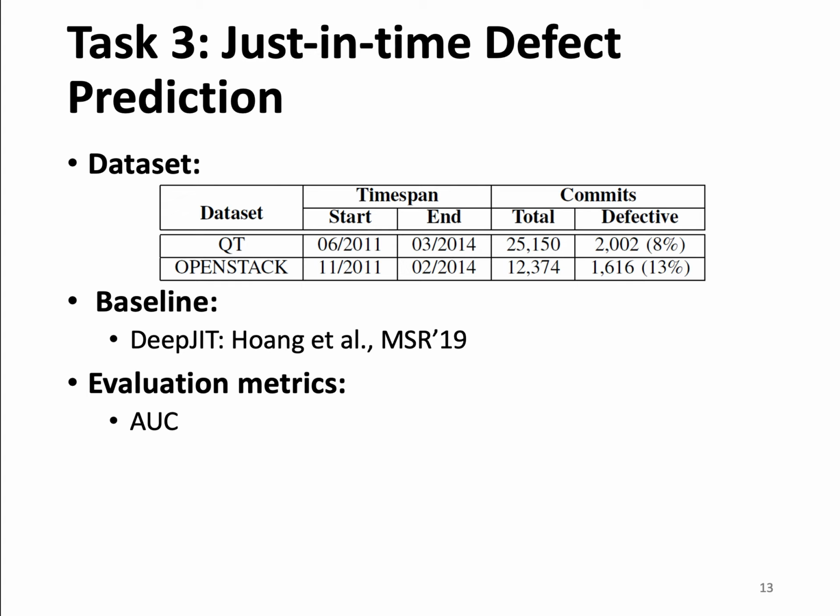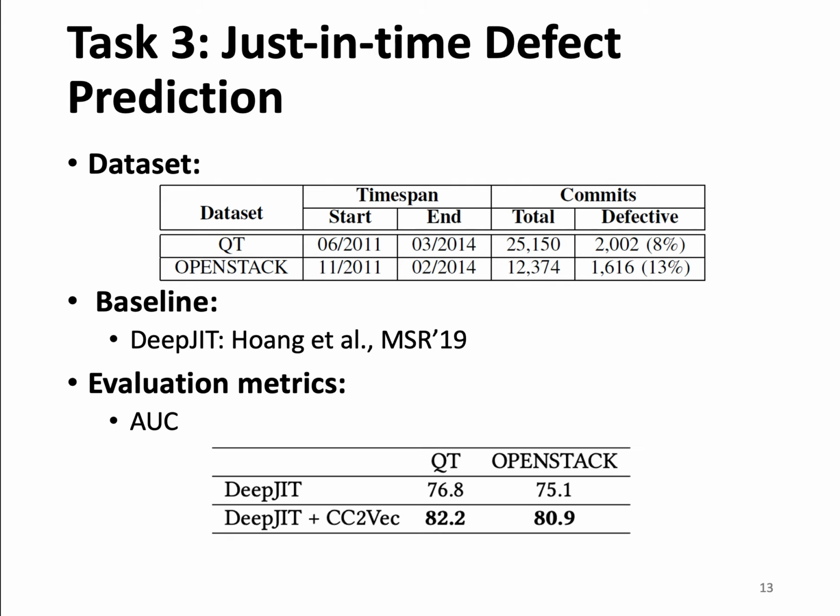To use CC2Vec with DeepJIT, for each commit, we concatenate the vector representation of the code change extracted by CC2Vec with the embedding vectors extracted by DeepJIT to form a new embedding vector. And the results show that CC2Vec helps to improve the performance of the just-in-time defect prediction task by at least 4% on both Qt and OpenStack.